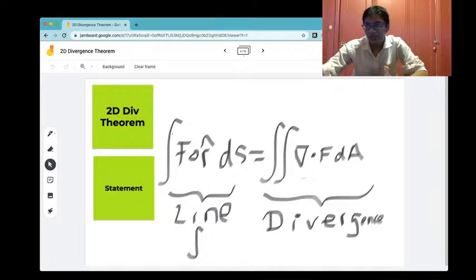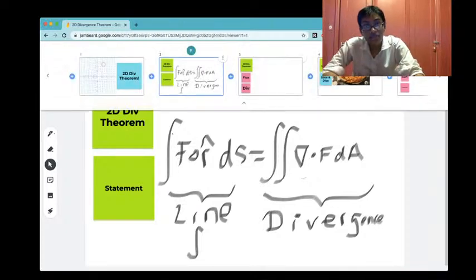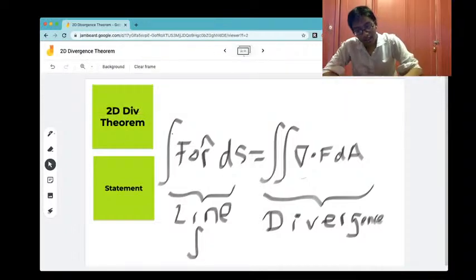Before I continue, however, I'd like to mention a small thing, which is you can of course write the divergence theorem in a different notation, right? So if I duplicate this slide and I go to the next one, here's a different way we can write the divergence theorem.